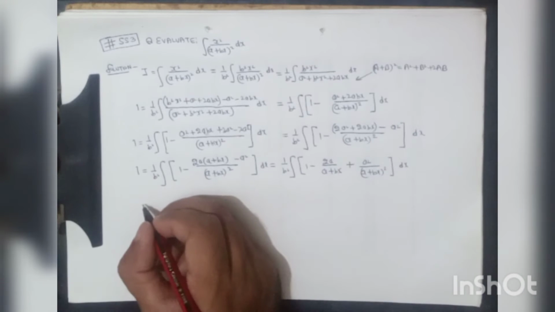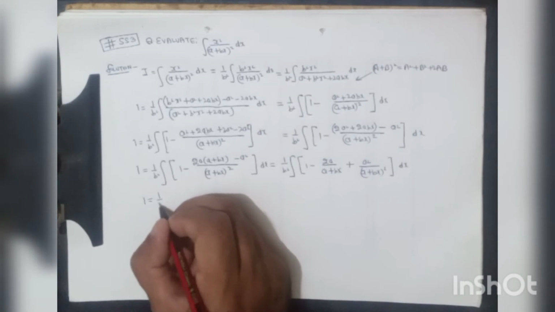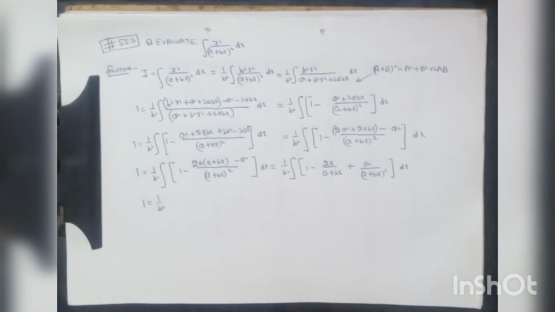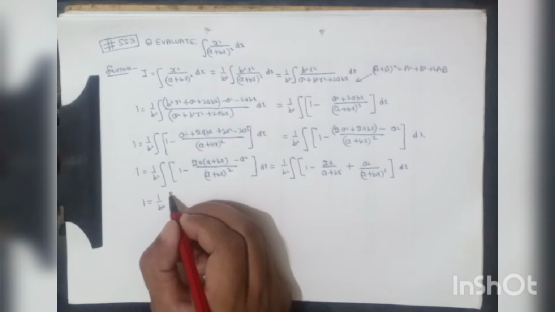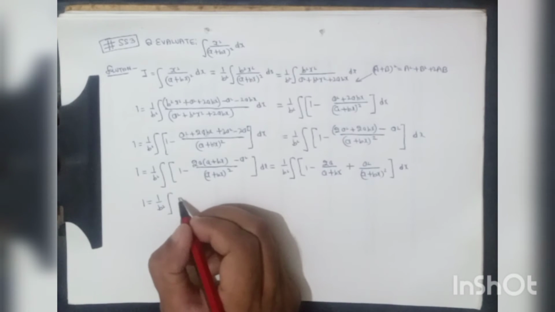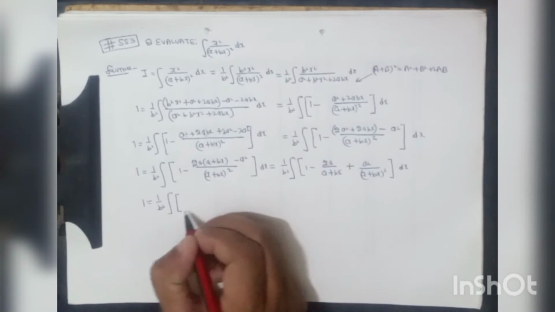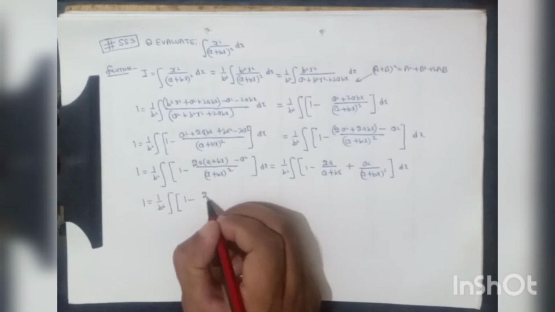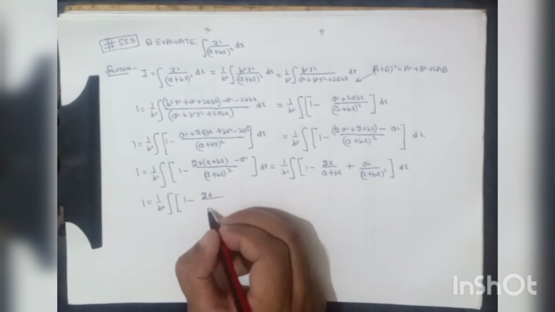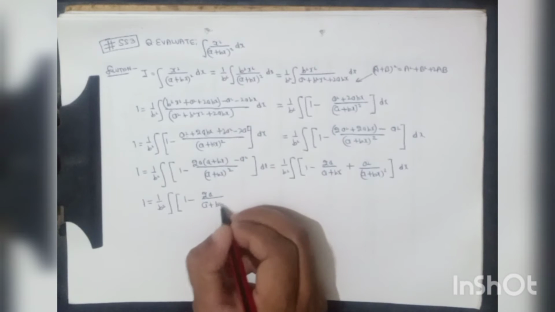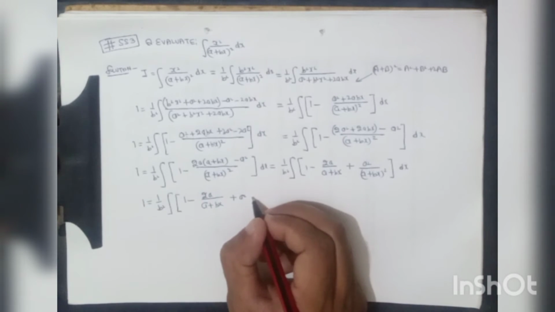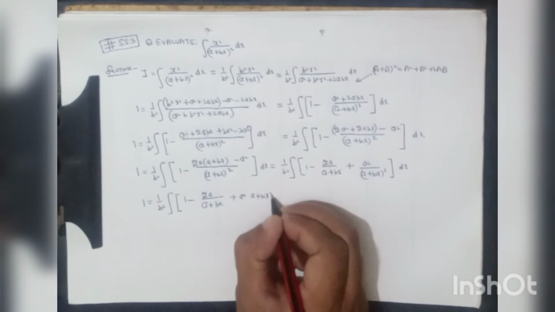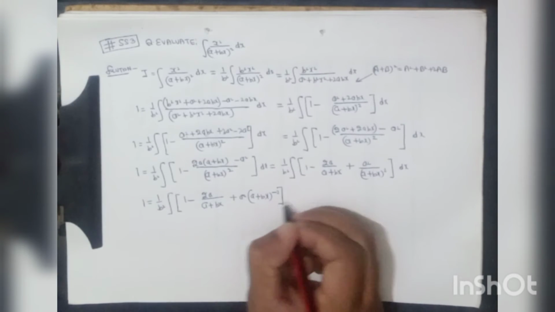So this may be written as I is equal to 1 upon b square integration of 1 minus 2a divided by (a plus bx) plus a square into (a plus bx) to the power minus 2 dx.